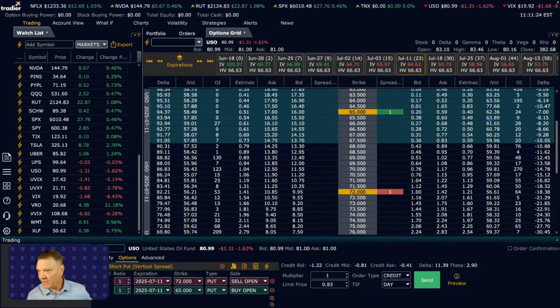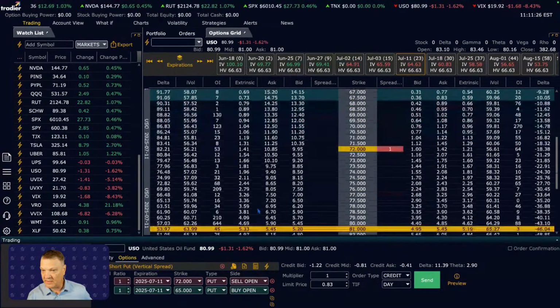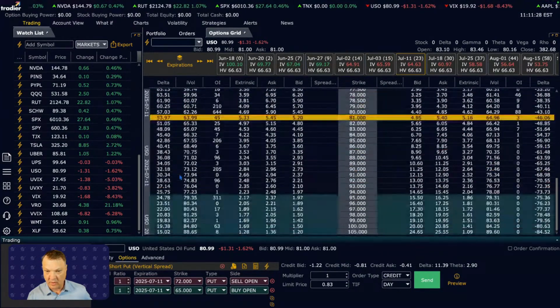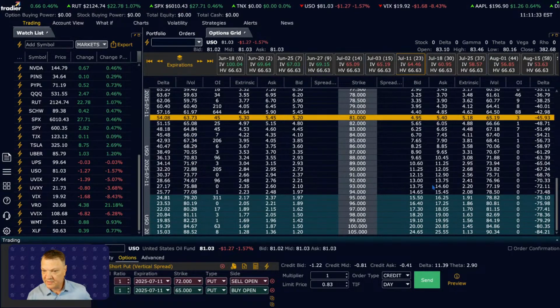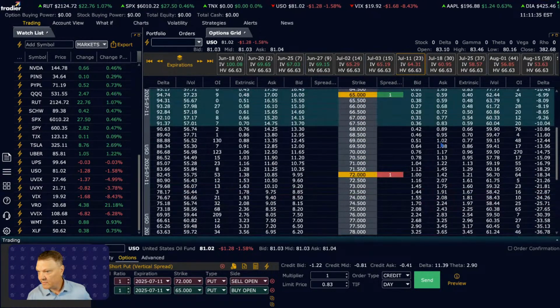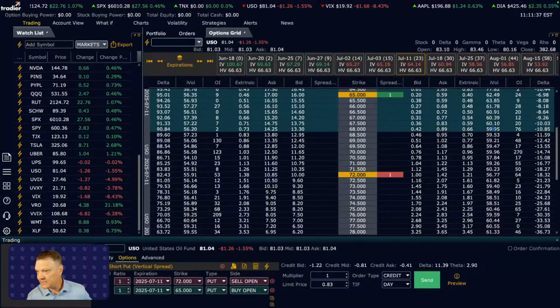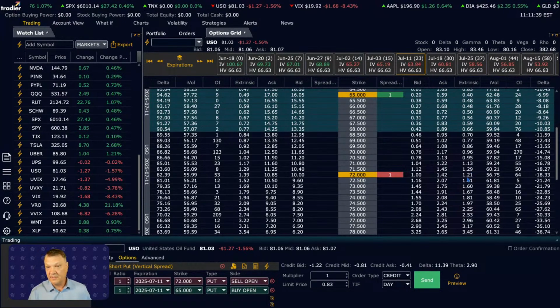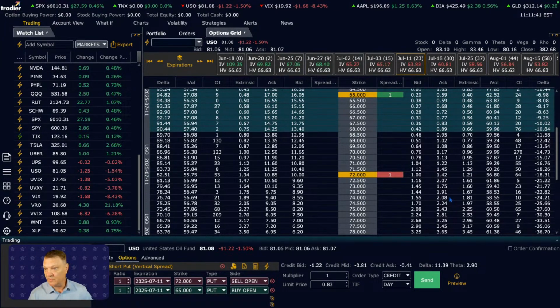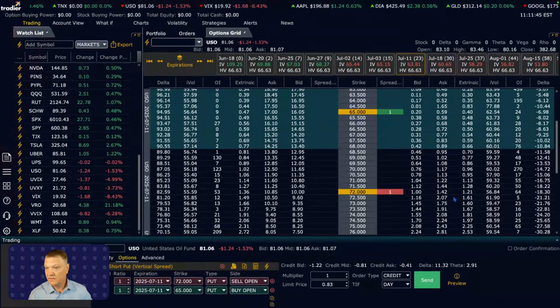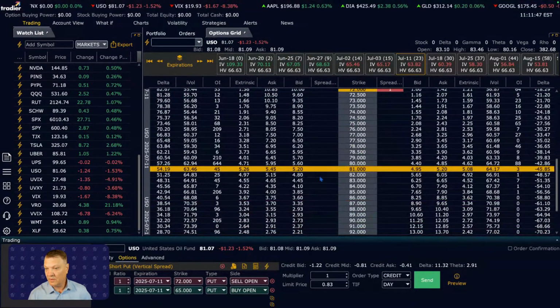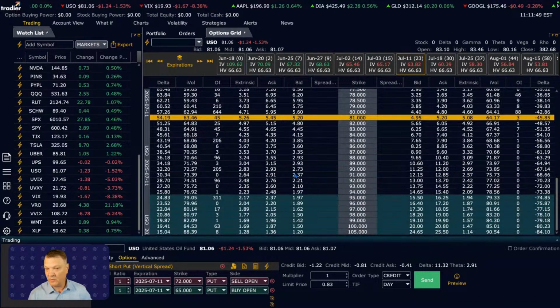So we have a higher implied volatility on the out-of-the-money calls than we do on the out-of-the-money puts. 77. If we go down one standard deviation, we're at 60. That's an interesting vol skew, that's for sure. All right, so I still want to close out the trade.